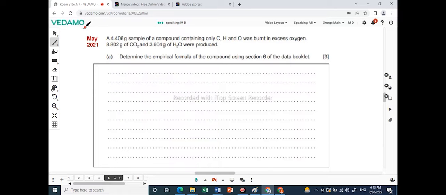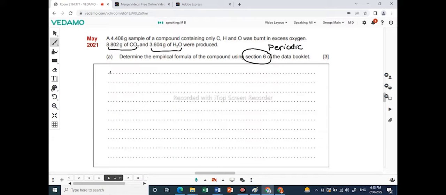You have the CO2, you have the H2O. Determine the empirical formula of the compound using section 6 of the data booklet. When the question is telling me to use section number 6, this is the periodic table, so you will be using it in order to take the relative atomic mass.